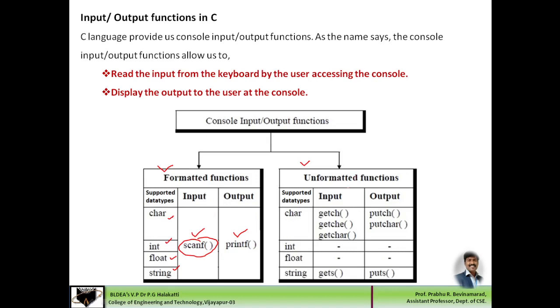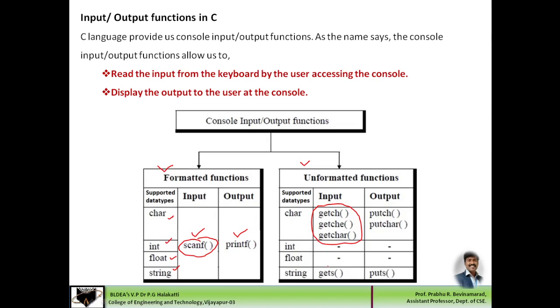Coming to unformatted input-output functions, we have a set of functions which are used to read a single character from the keyboard, that is getch, getche, getchar, and we have corresponding output functions putch, putchar to display a single character on the display unit.